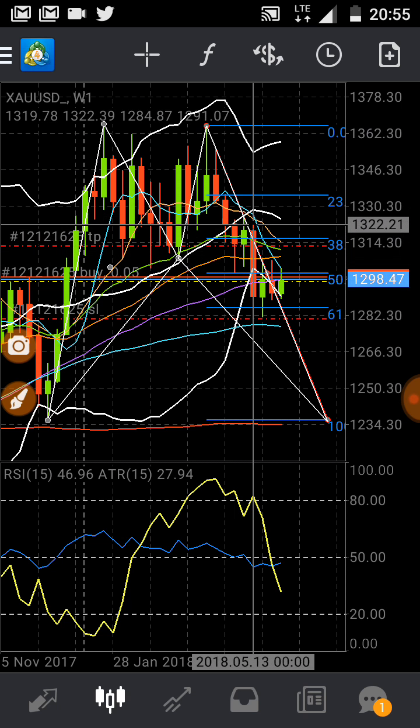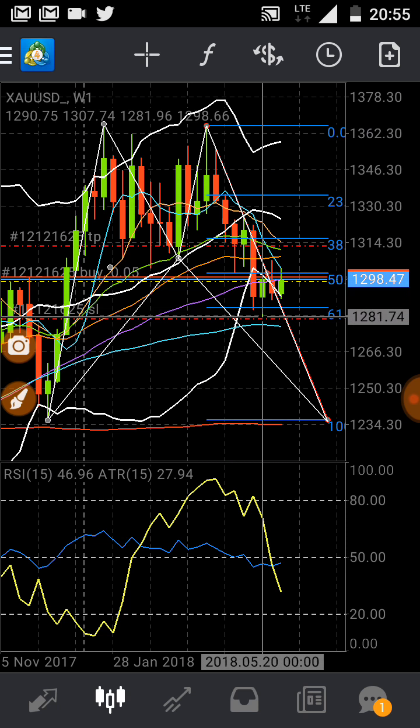Then on this side of the candle this week, as I know because I moved with this, it was actually much higher than that. 2212 was $10, $20, and this was a clean $30 movement. It was actually over $30. And then when we come to the bottom of this candle, it's 1281.74.